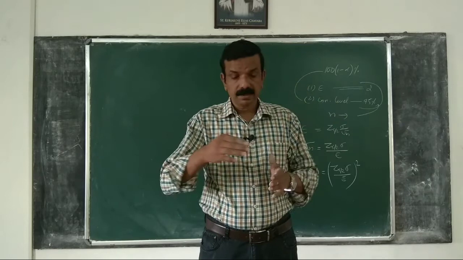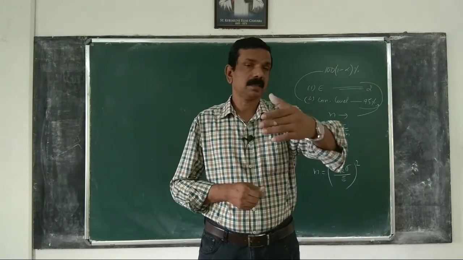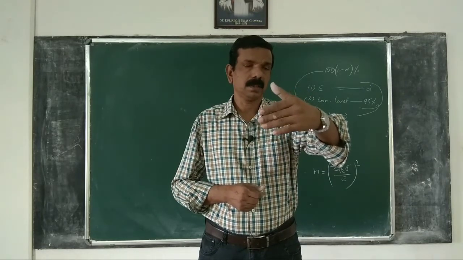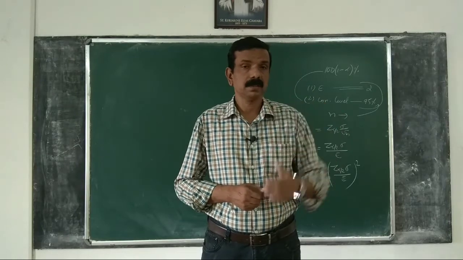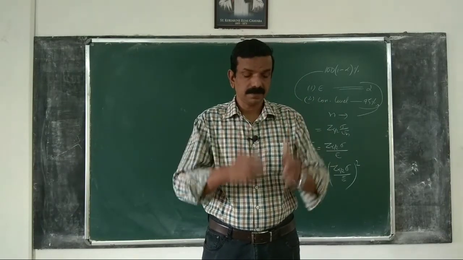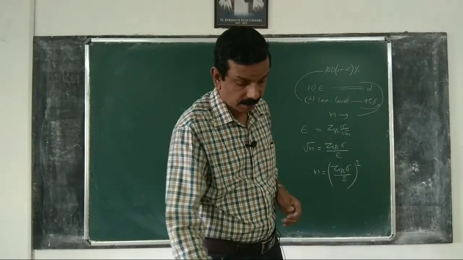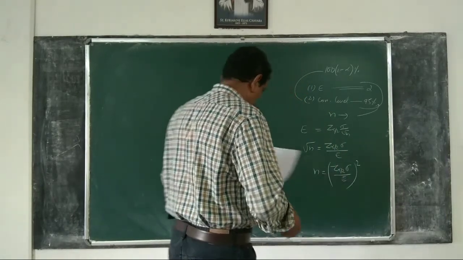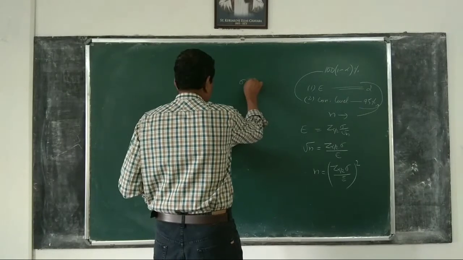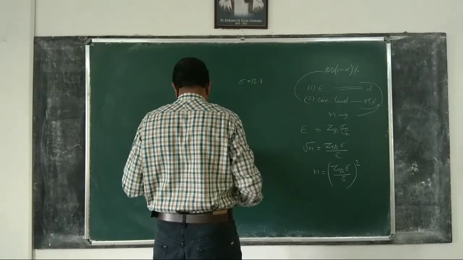Now to explain this, again consider how to calculate the average age of the civilian labor force. Suppose that we know sigma is equal to 12.1.